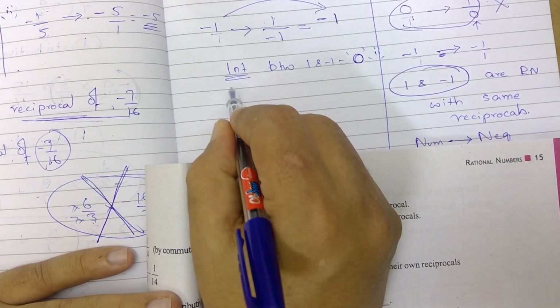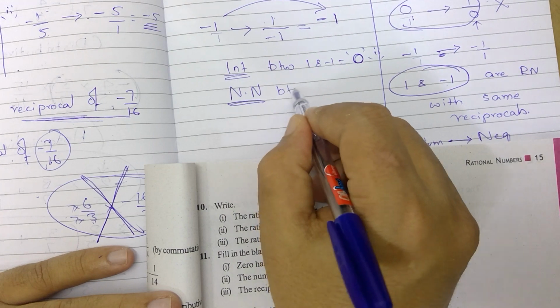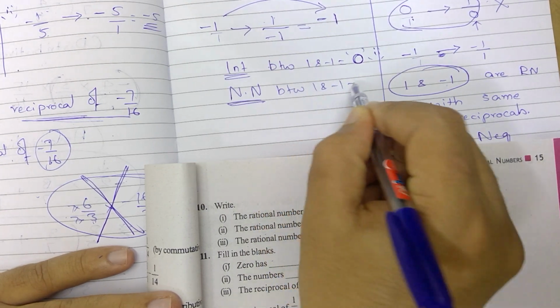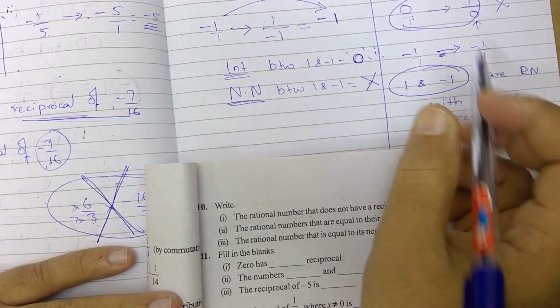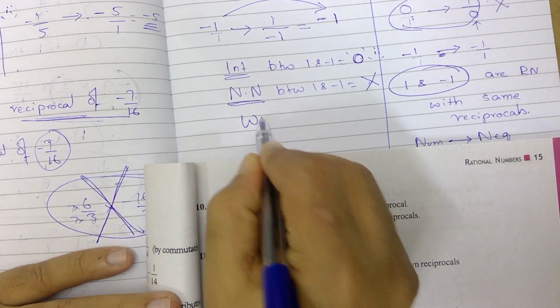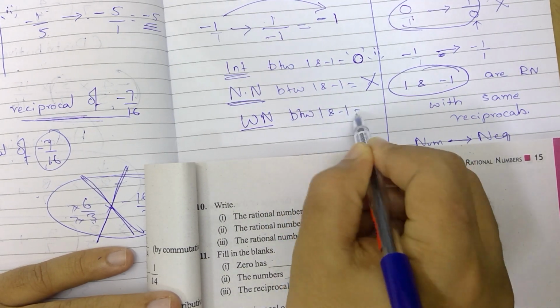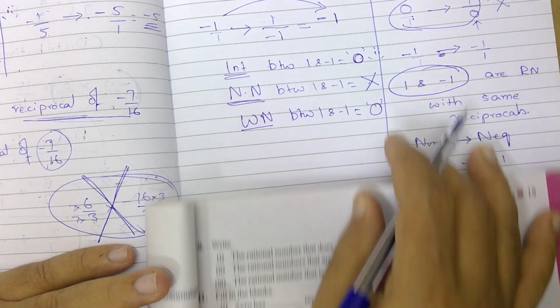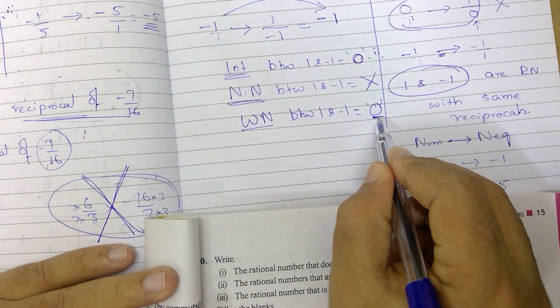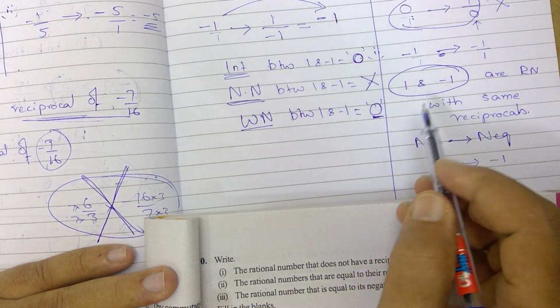And how many natural numbers between 1 and minus 1? None, because 0 is not a natural number. How many whole numbers are between 1 and minus 1? Only one, that is 0. 0 is a whole number. So therefore you have one whole number, and that whole number is 0.